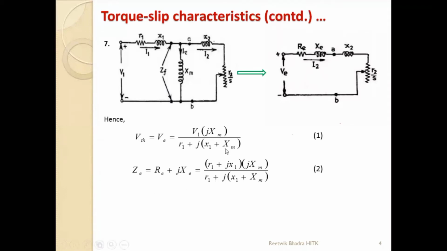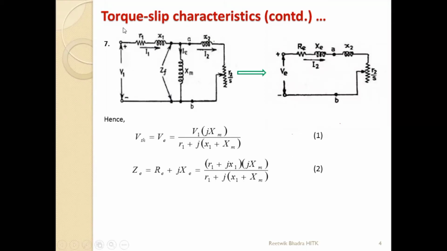Is this the real part and the imaginary part of this Thevenin impedance? We have found out ZE, we'll get something like 5 plus J3, so 5 will be the resistive part of the circuit and 3 the reactive part. We have to convert this from polar into rectangular form.